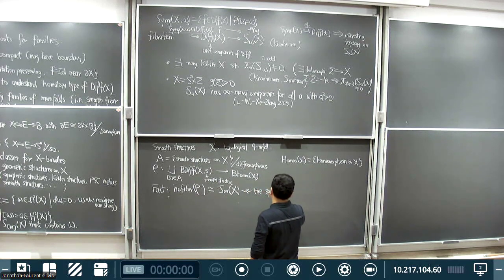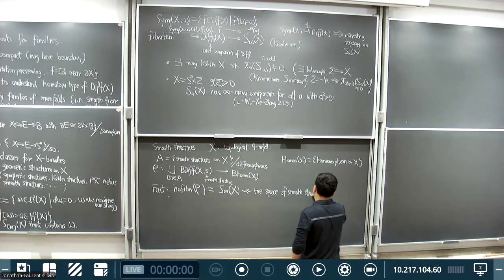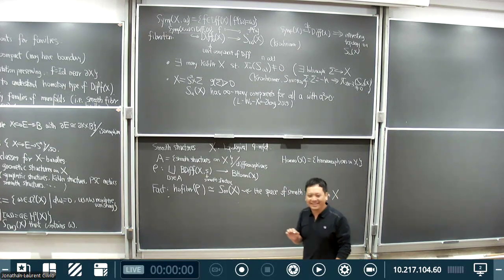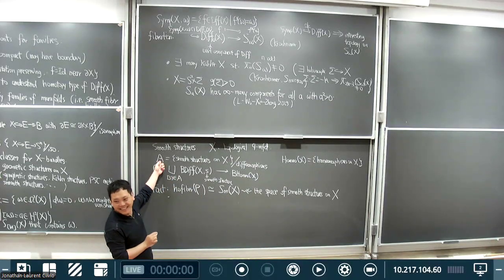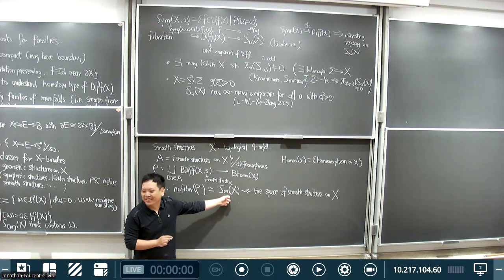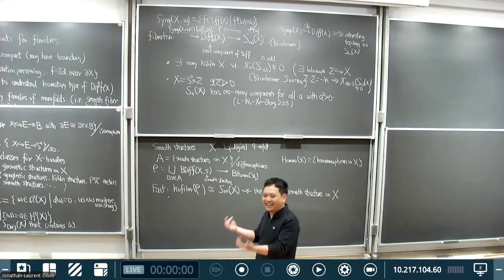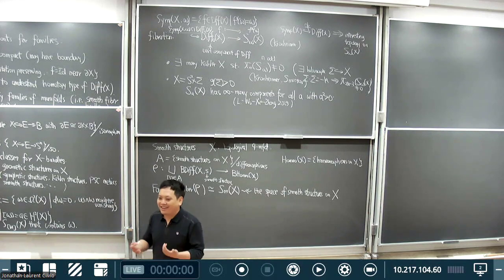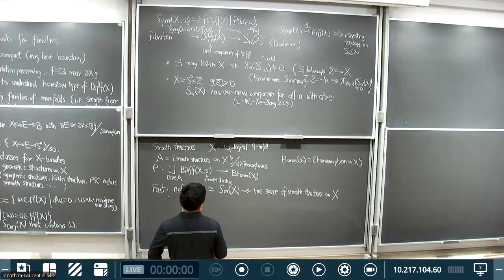is homotopy equivalent to a space called the space of smooth structures. What's the difference between this and A? A is a discrete set. Here in this space, a point really means a maximal smooth atlas of X. But there are some topology issues.